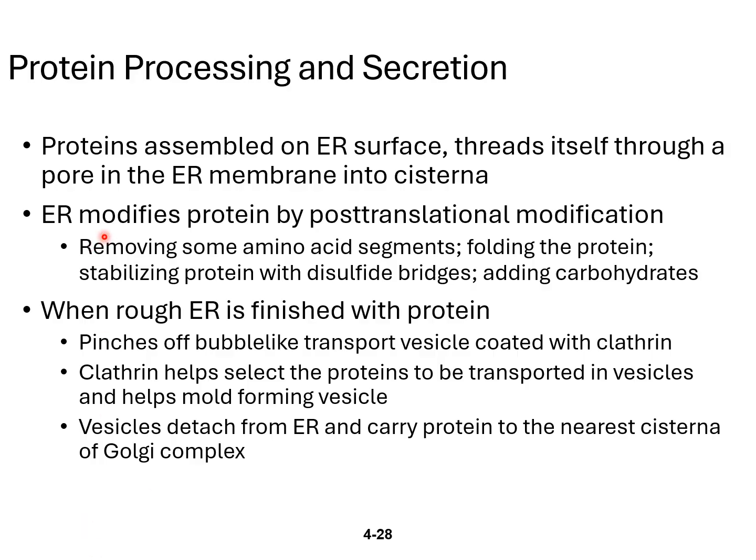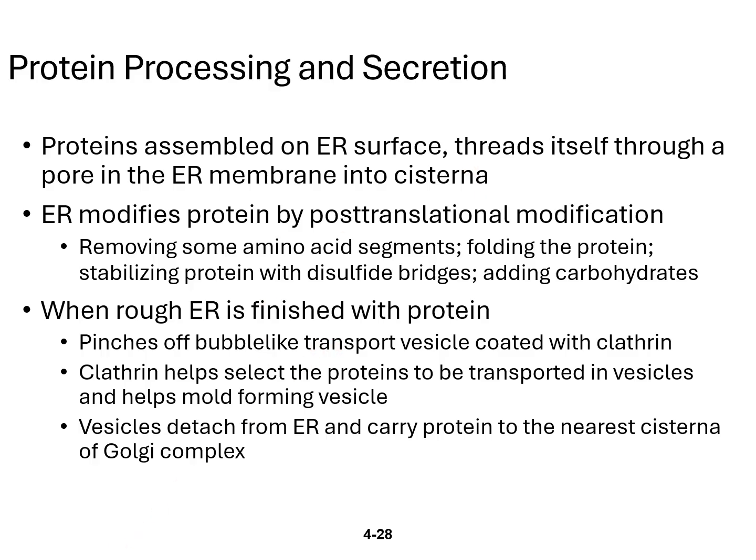Proteins assembled on the rough endoplasmic reticulum surface thread themselves through the pore of the ER membrane into the cisternae, and then they undergo post-translational modification. They can remove some segments, fold the protein, stabilize the protein, form disulfide bridges, and add carbohydrates. They just make them more complex.